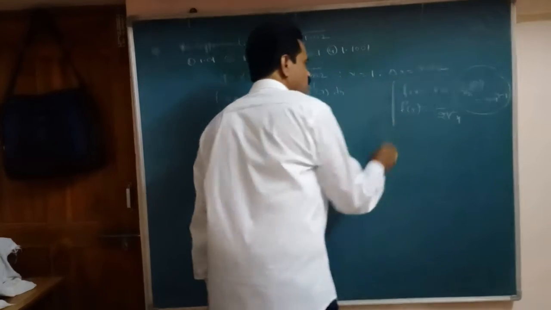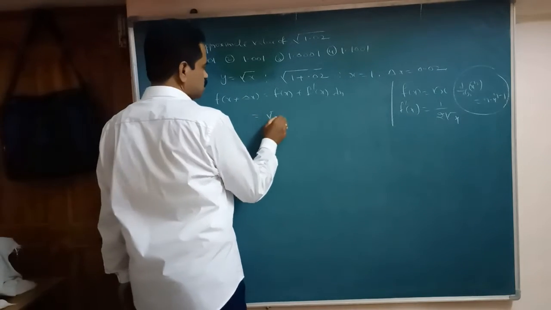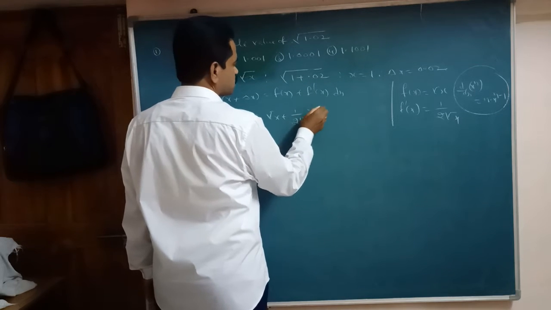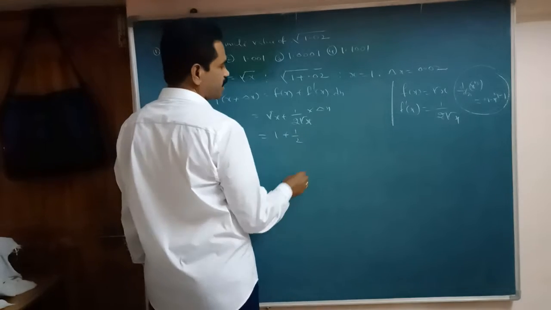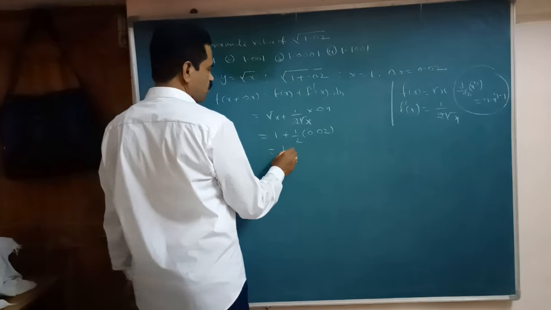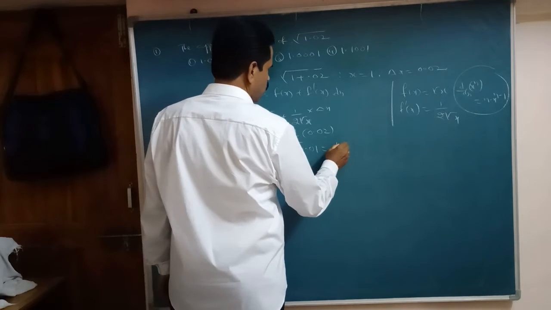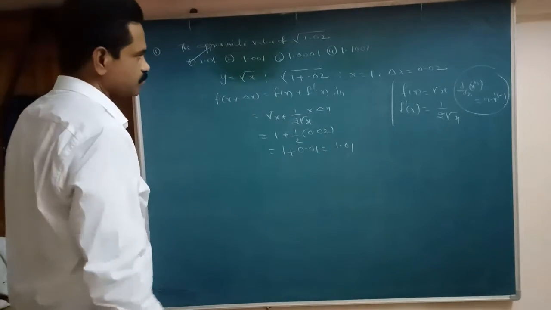So that equals root x plus 1 by 2 root x into delta x. Root x is 1, it is 1 by 2, and delta x is 0.02. So that equals 1 plus 0.01, that equals 1.01. Which option is correct here? First option.